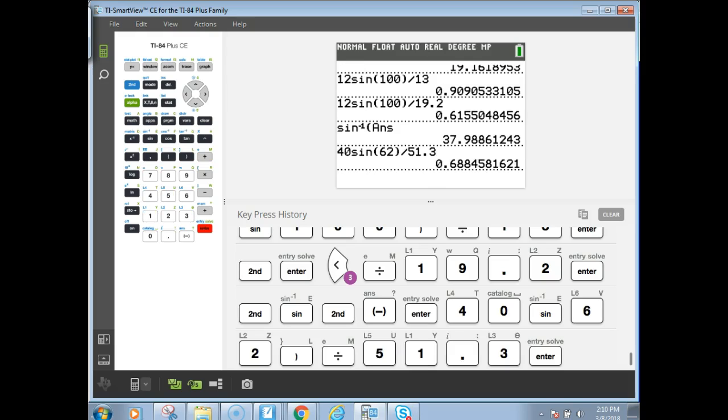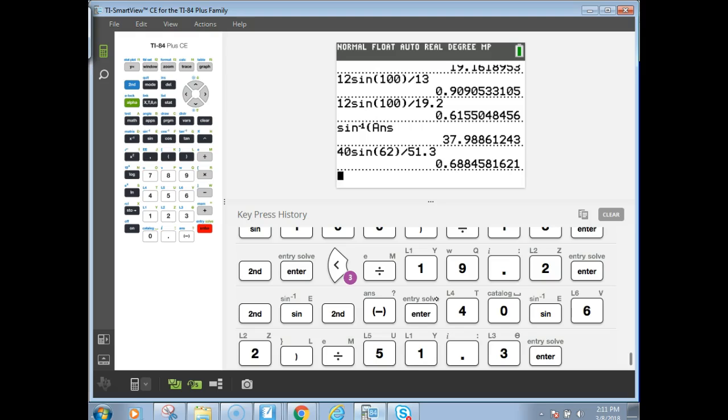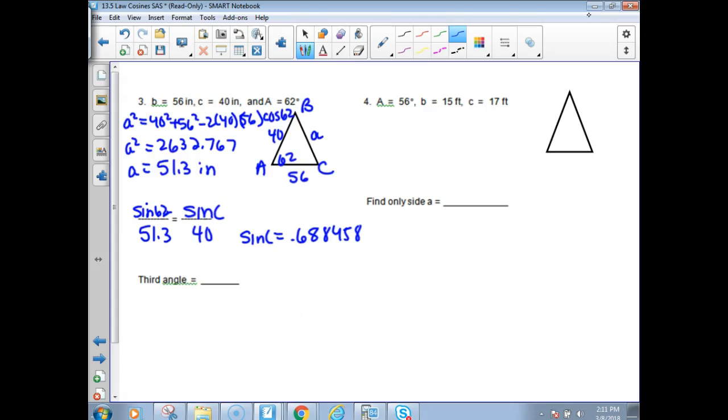Okay, and that would be 0.688458. All right, but we need to take the inverse sine of that to find the angle measure. Got 43.5 degrees. Okay, you need to put degrees on your angles and labels on your measurements, your lengths.